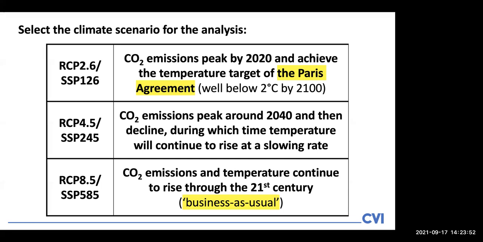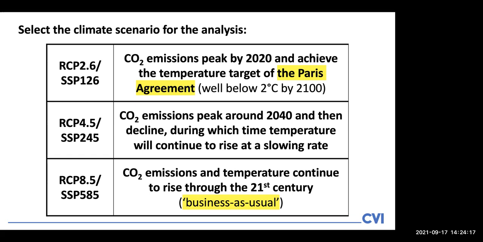RCP 2.6, SSP 126, is likened to the idea of meeting the Paris Agreement, and that is that CO2 emissions would have peaked by last year, and that the future warming will be kept within 2 degrees Celsius by the end of this century.